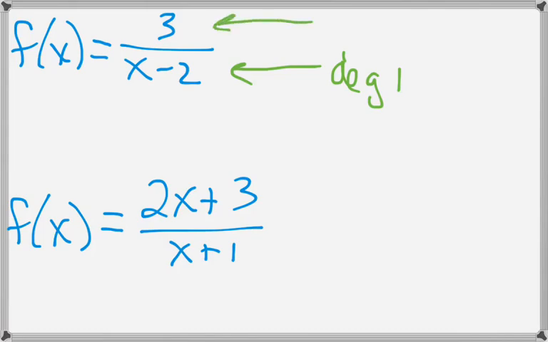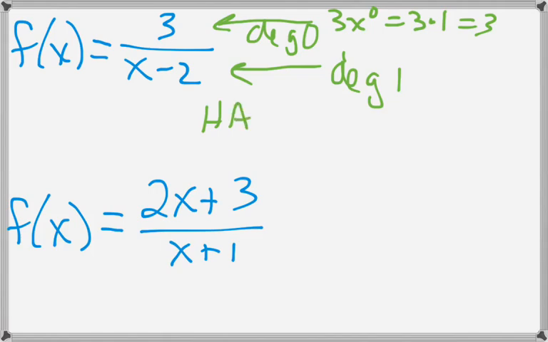Now, we don't see a variable in the numerator. Basically, there we have 3x to the 0, because x to the 0 is 1. So we have degree 0 when we have a constant. So the degree of the numerator is smaller, which means that the horizontal asymptote is the line y equals 0.